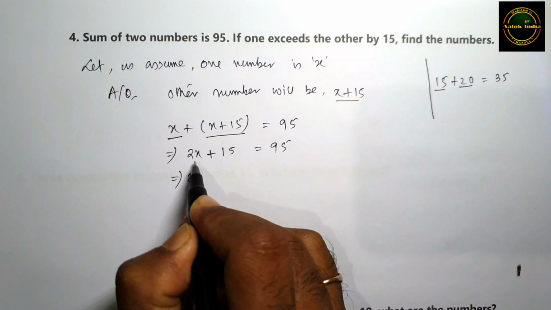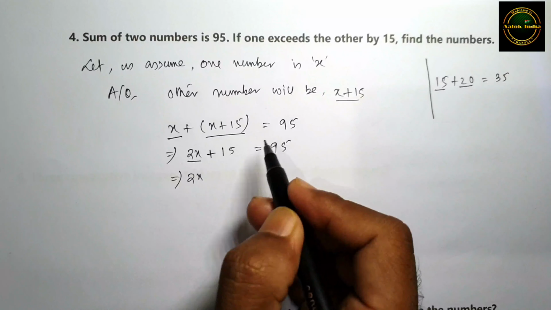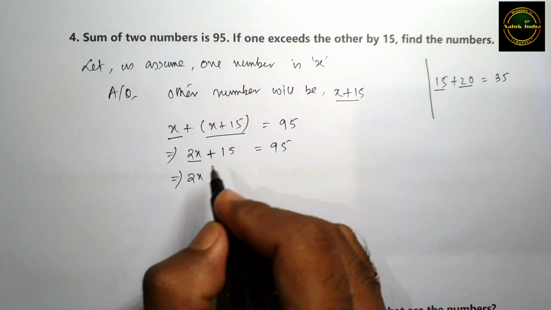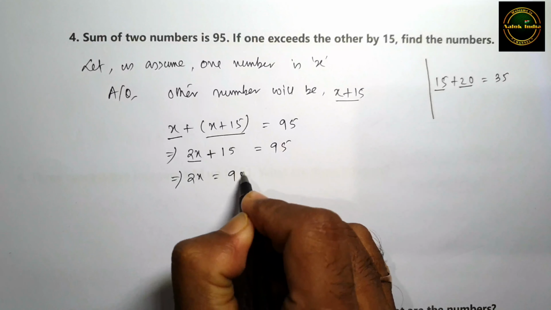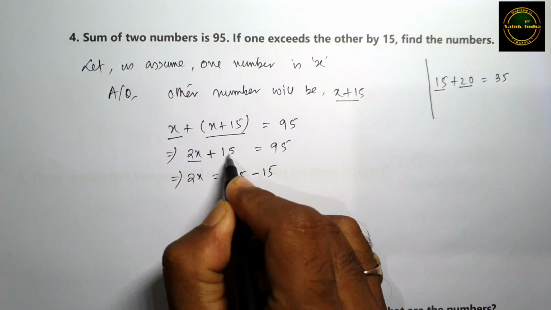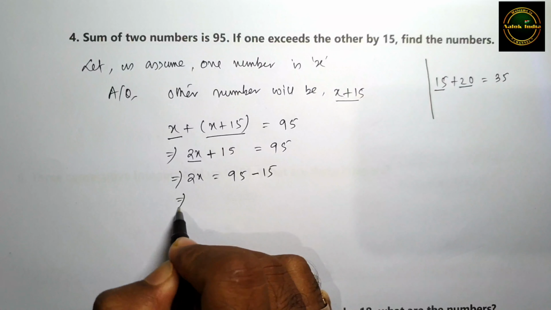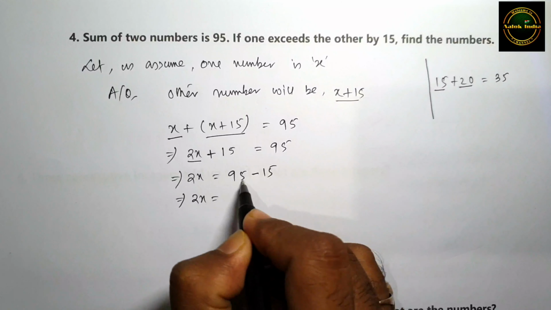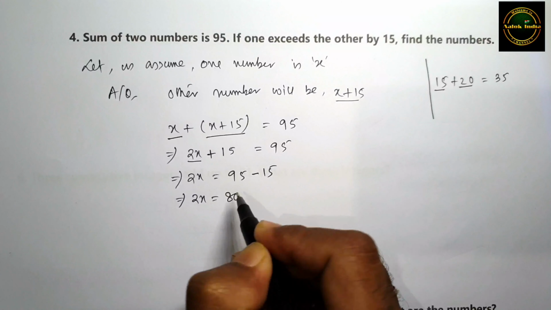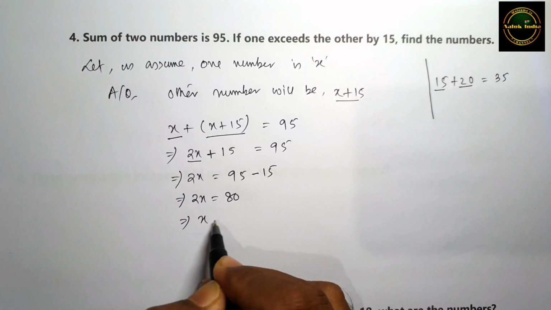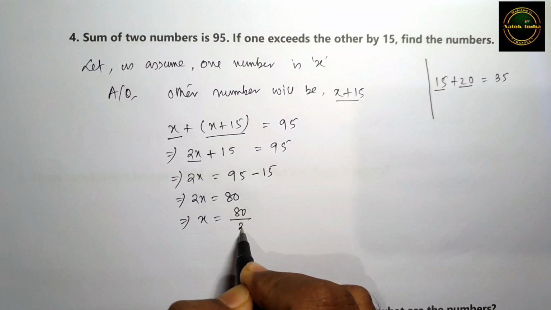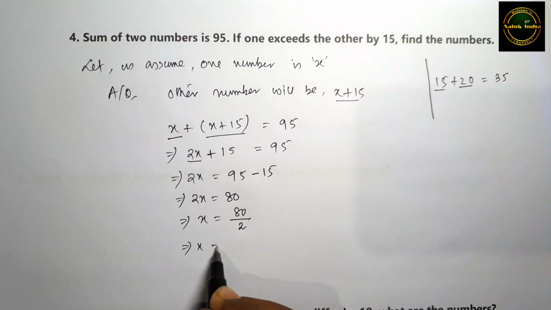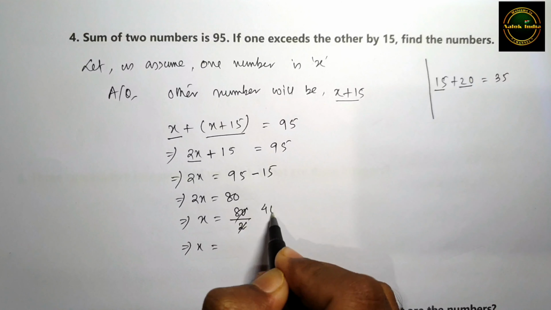In the next line we'll keep the variable on the left side and carry the constant to the right side. So 2x will be 95 minus 15. This plus 15 on the right side becomes minus 15. So 2x is 95 minus 15, which is 80. x becomes 80 divided by 2. If we cancel 80 by 2, it comes as 40.